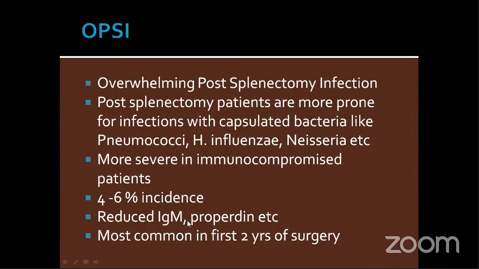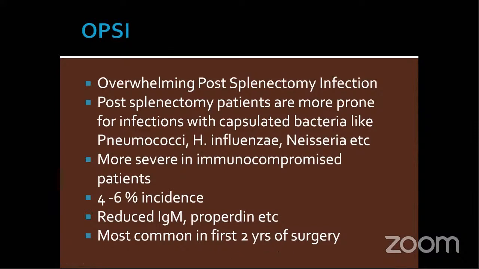And reduced IgM, because the spleen produces IgM, and there is reduced properdin. So this causes defective phagocytosis and quick sepsis. The sepsis will progress very, very swiftly. Most common in the first 2 years after surgery. So after splenectomy, you have to keep strict vigilance on the patient.